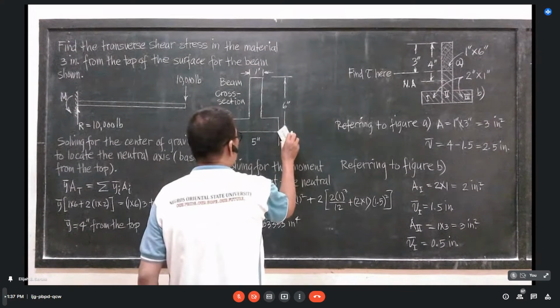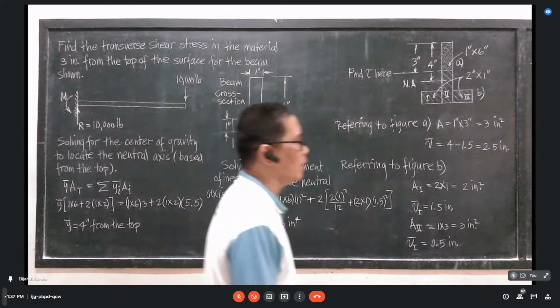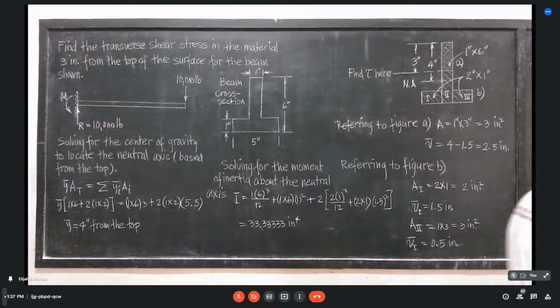Did you discuss how to determine the center of gravity of a composite figure about a certain axis? Did you discuss that in your mechanics? No, sir. No? Okay. So, let's try to explain it here.